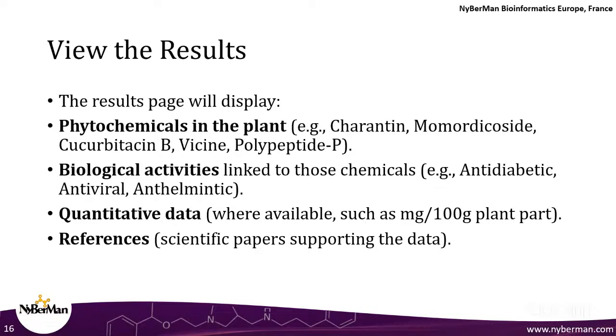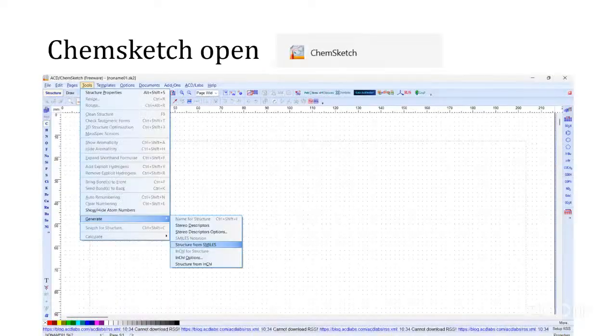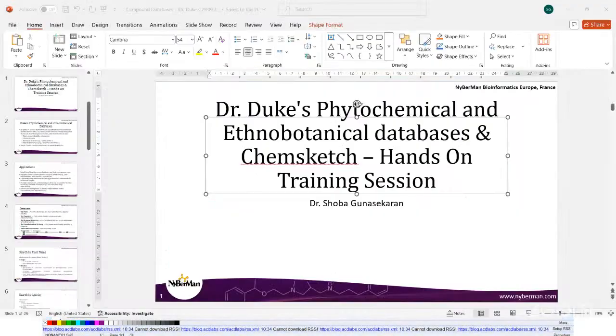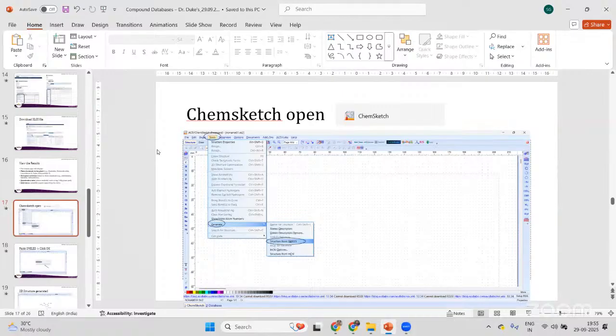The quantitative column represents the parts per million data of the plant, that is the concentration in milligram per 100 gram of the plant, and a reference scientific paper was also there. So this is the data we get from Dr. Duke's ethnopharmacological database.